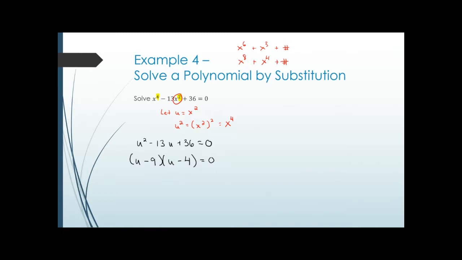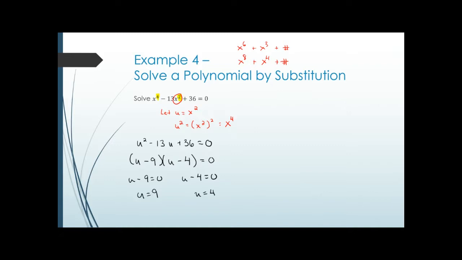We're going to be solving for u instead of x, so I set each factor equal to 0: u minus 9 equals 0 and u minus 4 equals 0. When I add 9 to both sides, I get u equals 9, and adding 4 to both sides, u equals 4.